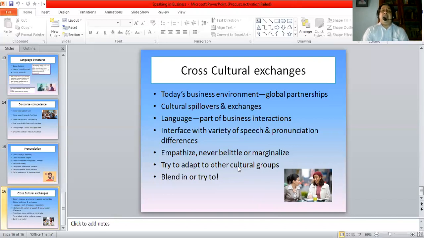And in this multicultural environment, we have to adapt, we have to blend in, and we have to carry on our functions of everyday speech in professional subjects and in professional situations. So I hope that you will be benefited by this lecture and that you will learn about certain ways and methods of speaking and being a more effective speaker in the business context in the future.